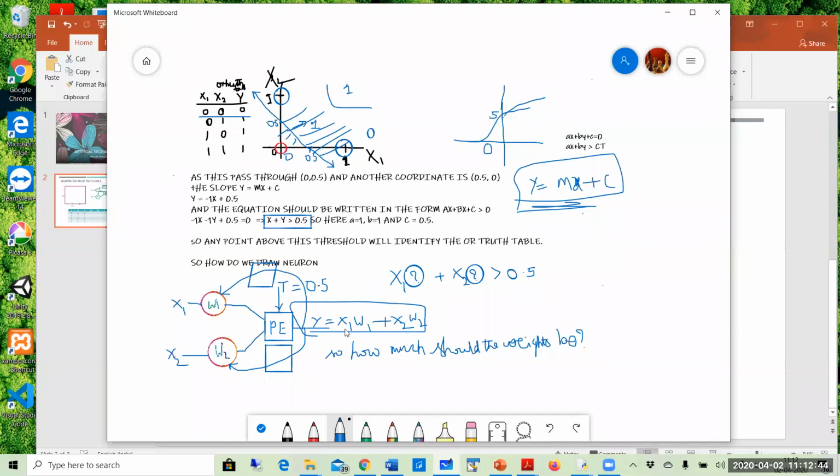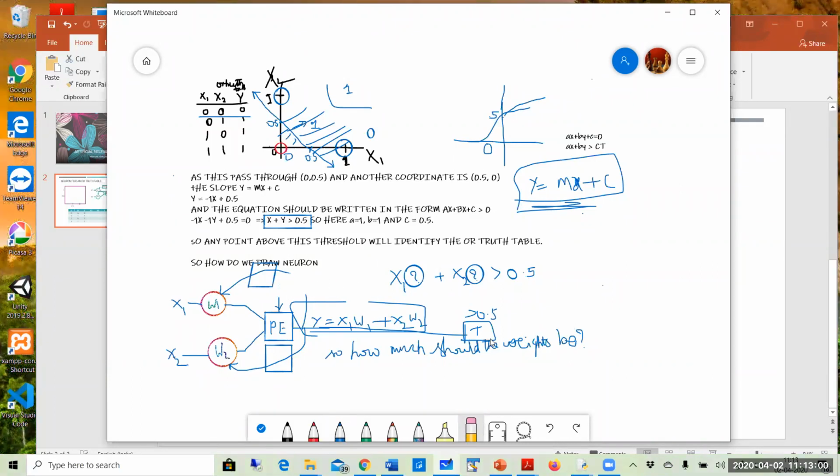Then it has to pass through another threshold, which is the greater than 0.5. This will give me the final output, that is y. The z is the one which is in the truth table.